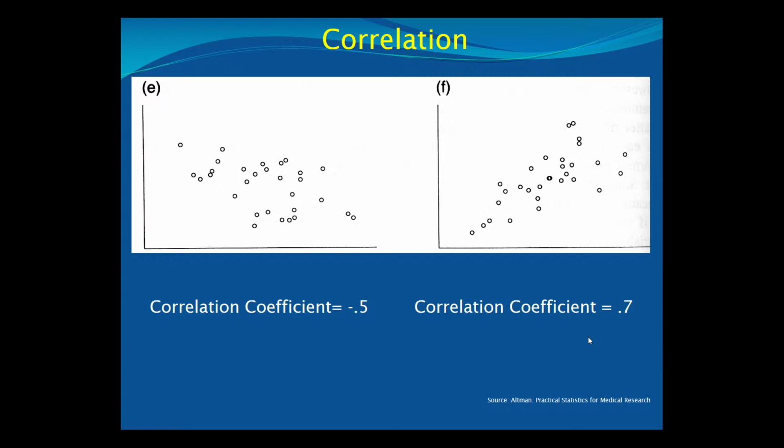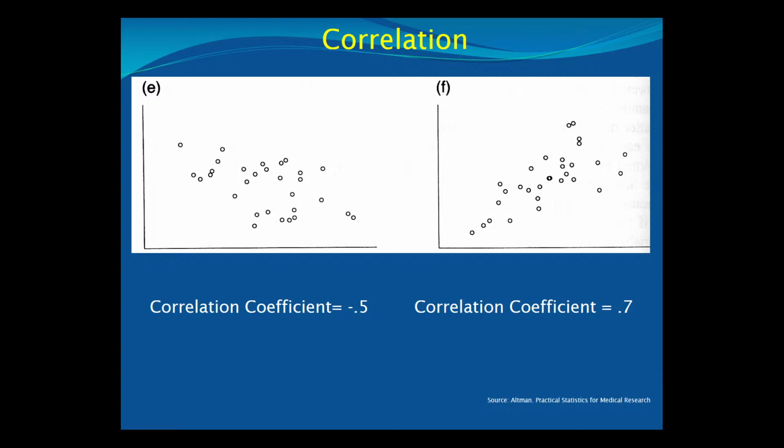Two more graphs are shown on this slide. Graph E is a scatter plot graph for a correlation coefficient of minus 0.5. Look at the points. It is possible to understand that all points go down. All points go downwards.